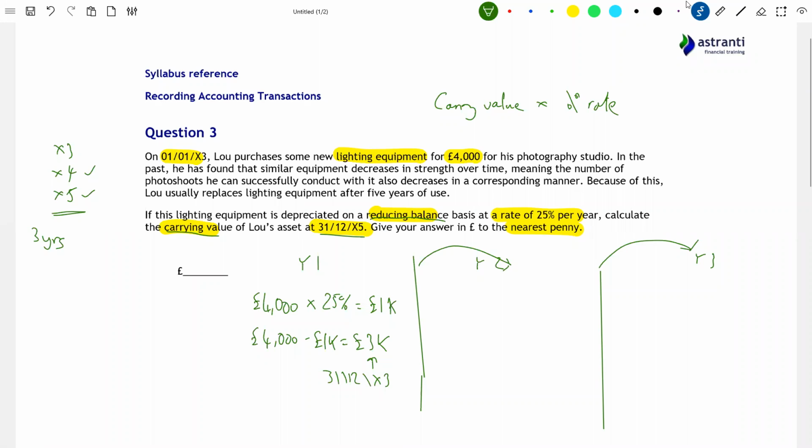Okay, so we start the second year here, so X4, with a carrying value of £3,000. Okay, so this is the original cost of the asset of £4,000 minus our depreciation charge of £1,000.